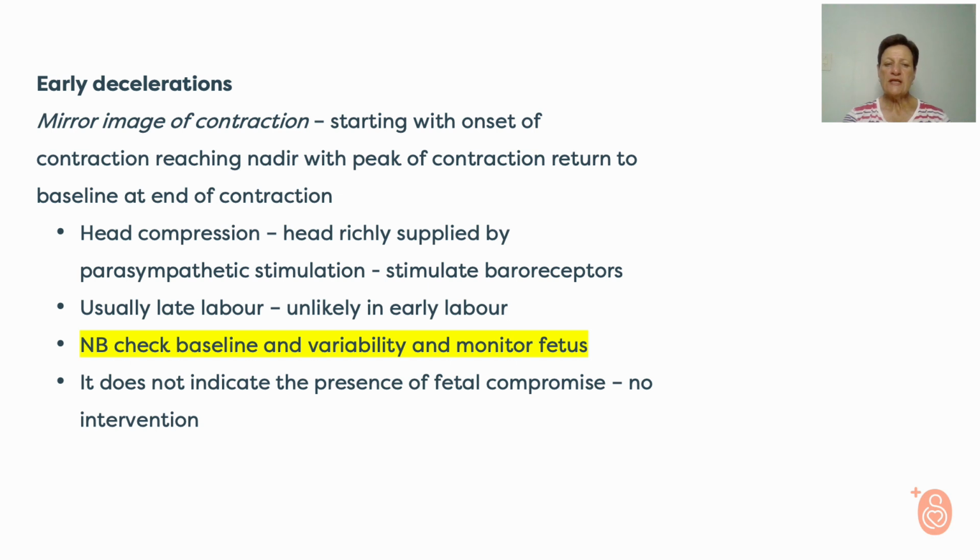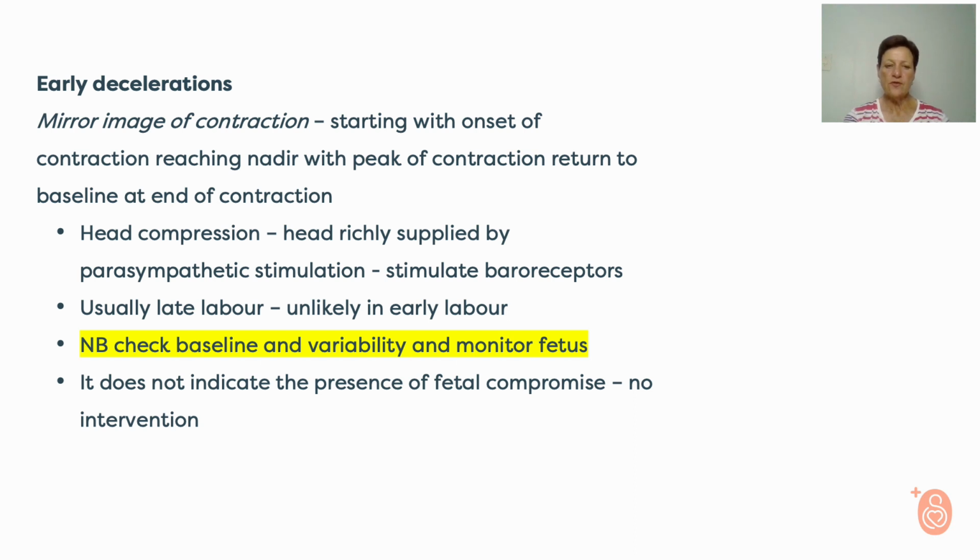And this usually is late in labor. Very late, the transitional phase of labor, and often in the second stage of labor, and it's highly unlikely that it will be in early labor. So if you do see decelerations in early labor that look like early decelerations, it might not be early deceleration.